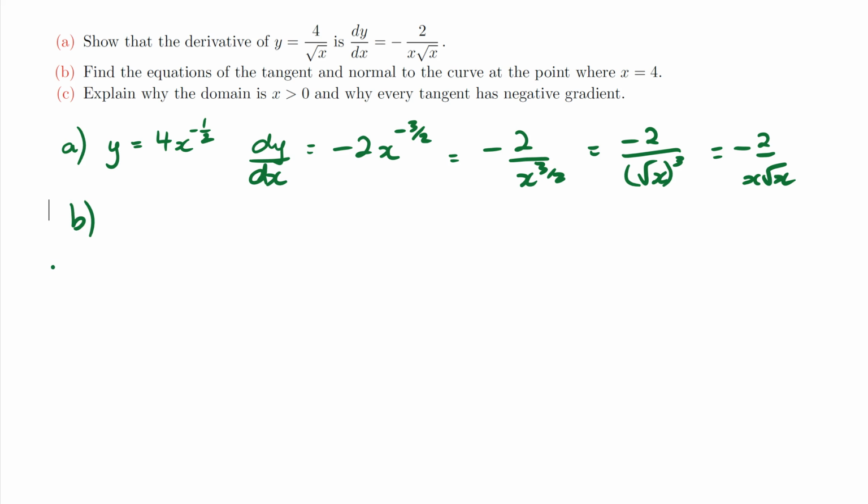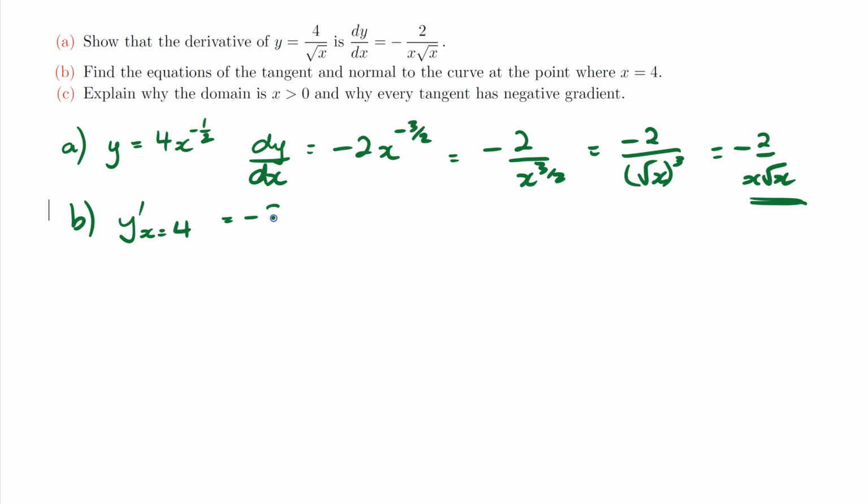Okay, find the equations of the tangent and normal to the curve at the point where x equals 4. So, what is it that we've just found here? We've found the slope of the curve at any point on the curve. So, if we find y dashed when x equals 4, then what we're doing is finding the slope of the curve where x equals 4.